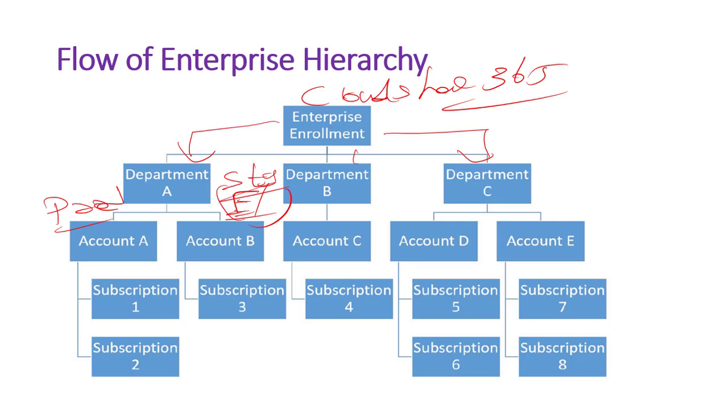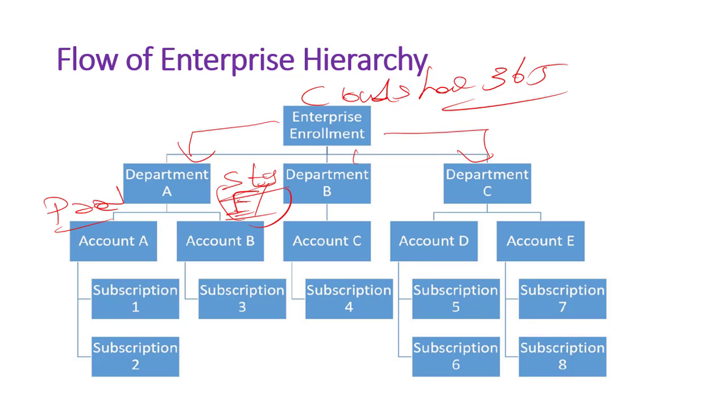Likewise, department B has a separate account, and C has D and E accounts. So why are we splitting this? By splitting the subscription we can get accurate details of which department is consuming what amount of resources in Azure, and based upon that the billing will be generated and we can provide it to each department for our billing purposes.